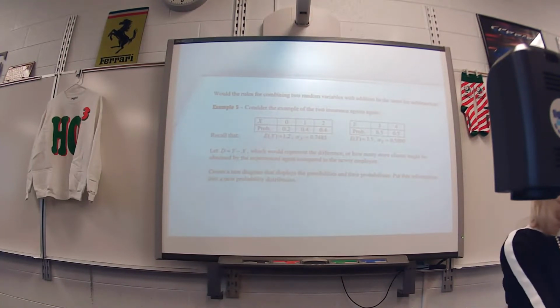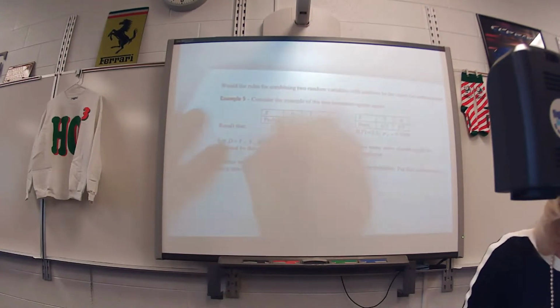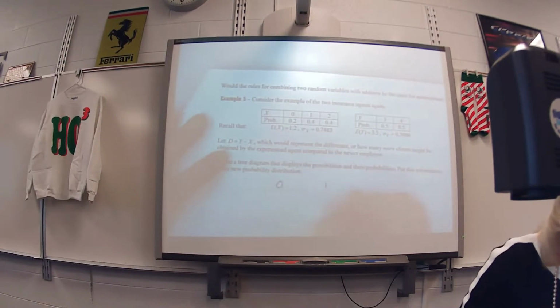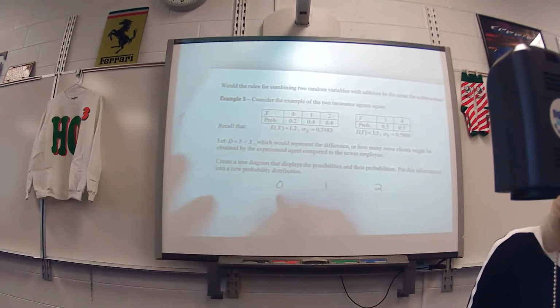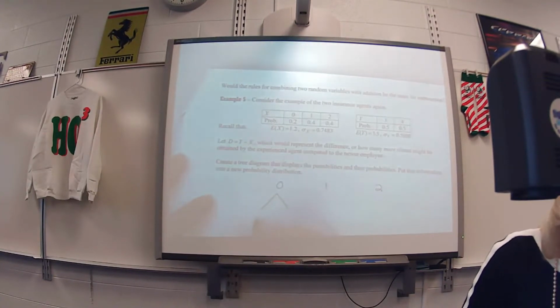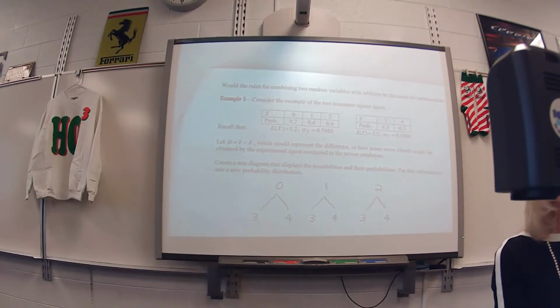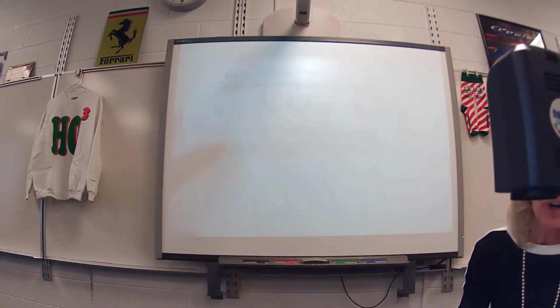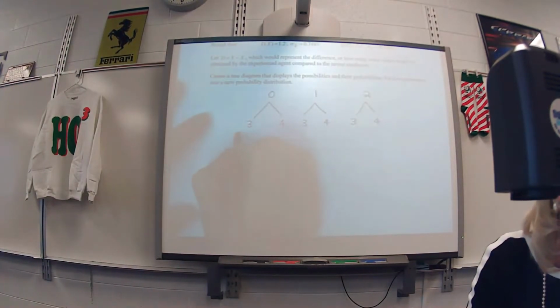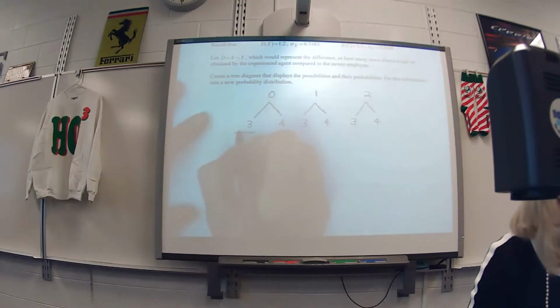All right. So what I'm going to do now is I'm still going to start with the 0, the 1, and the 2 from the old guy. I am still going to do a fan out of a 3 and a 4 from the new guy. Okay. Still going to do those exact same numbers. But now we're not going to add these together and say, look, we have a total of 3 clients.